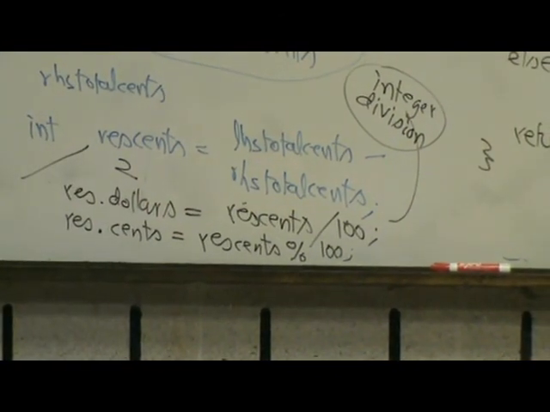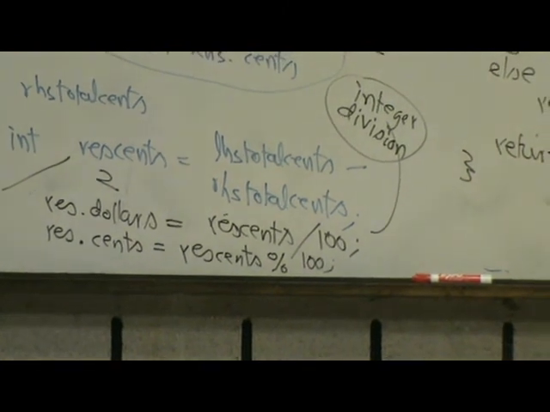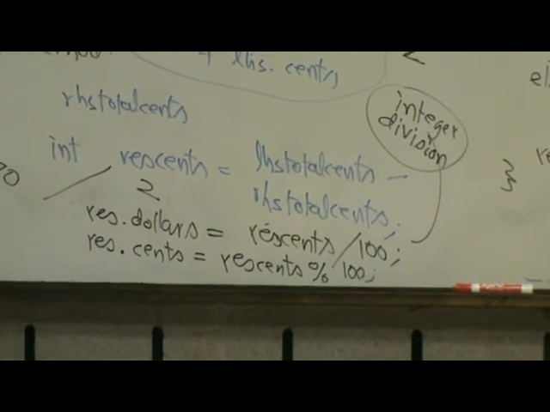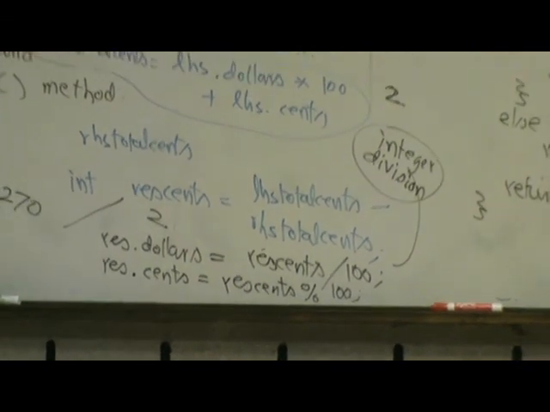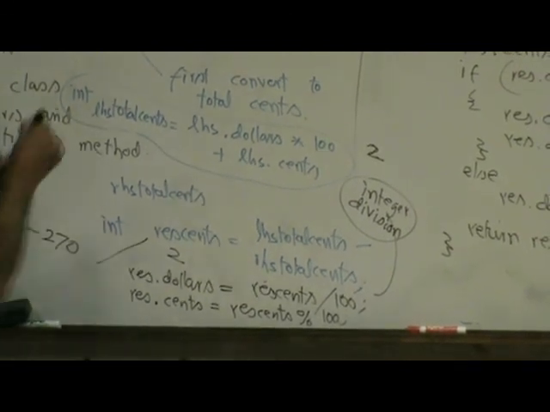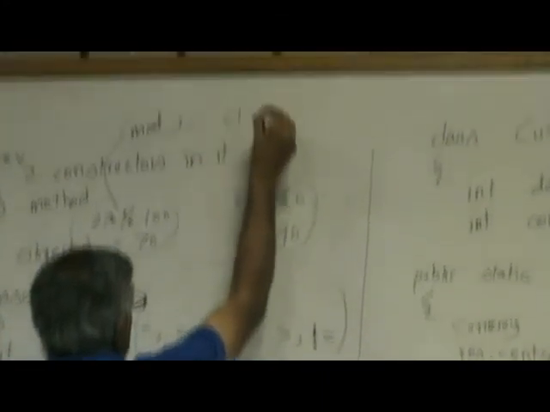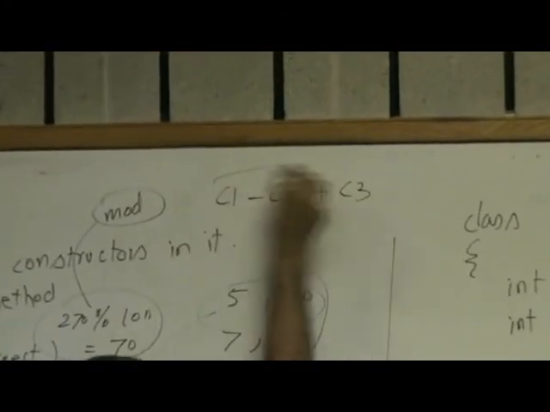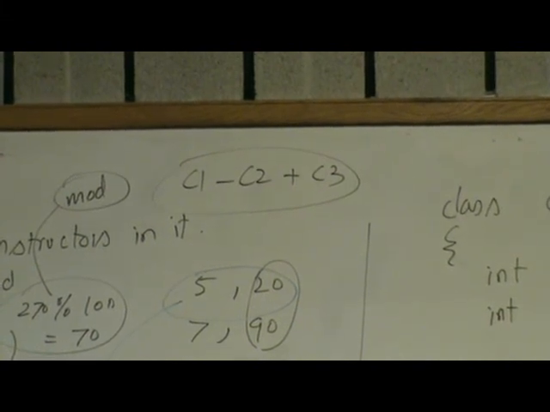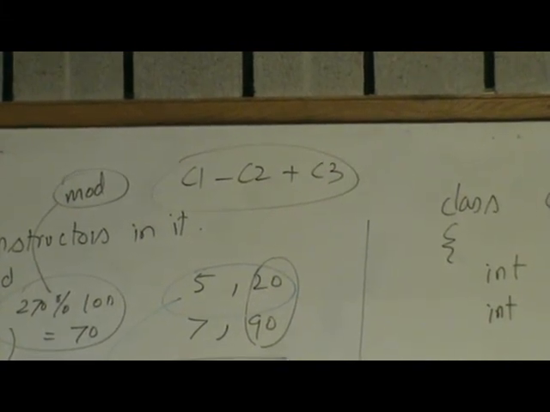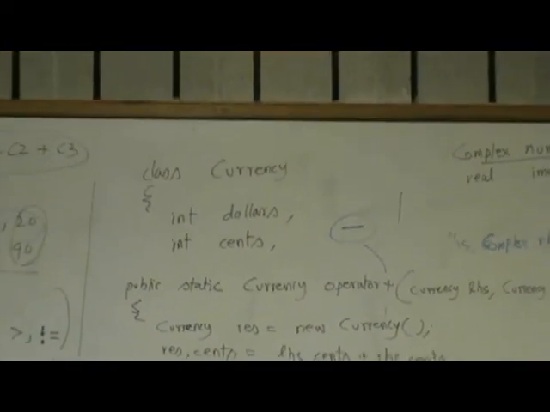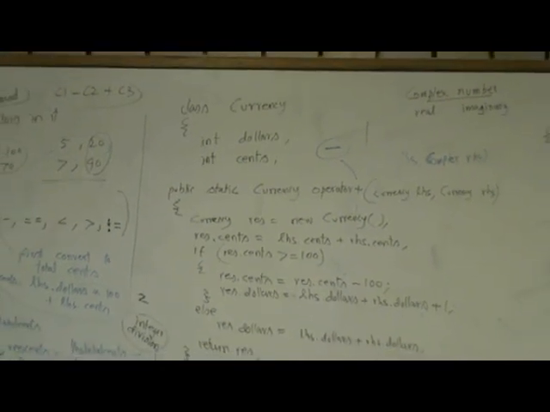So I leave it up to you to think a little bit how further to make only one of them negative, not both of them negative, so that if somebody did something like this, C1 minus C2 plus C3, it still should produce the correct answer. So anyway, we'll talk about this further, at least this week. Start on the assignments, part A, part B, and I'll give you more hints on Monday.